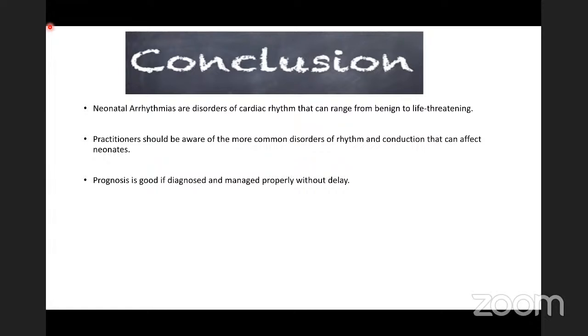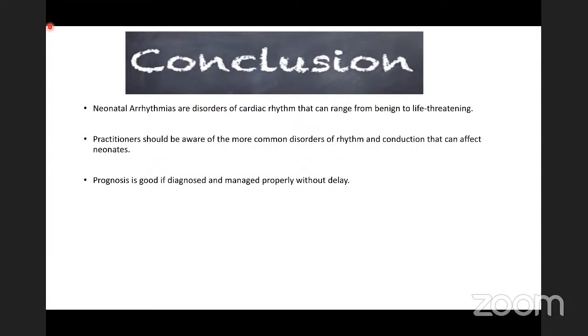So, Dr. Sadia, there are two different types of common SVTs. One are those coming from the atria, and they do not need the AV node to be part of the circuit. They are basically because of some ectopic focus that is firing very fast. Like ectopic atrial tachycardia, junctional tachycardia, multifocal atrial tachycardia, these are all automatic tachycardias.